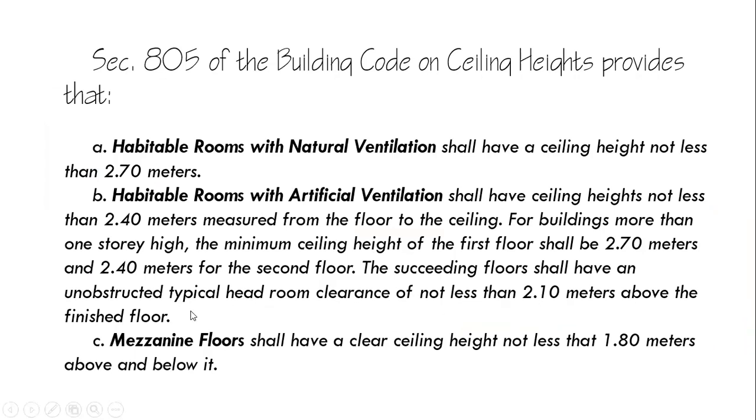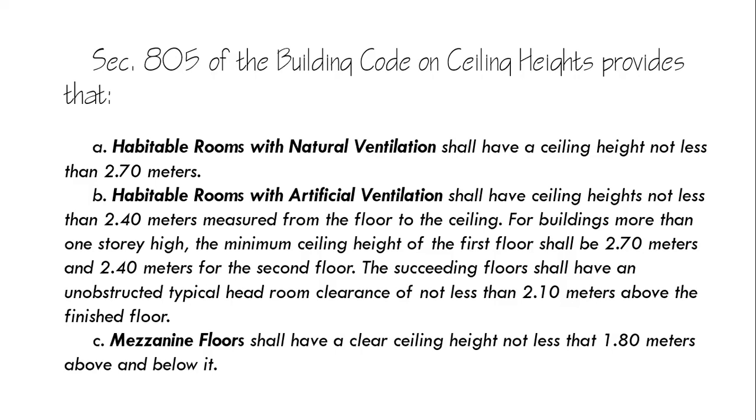For the second floor, 2.4, and for the succeeding floors, 2.1. So, artificial ventilation. Meaning, if it's air-conditioned, if you design it as air-conditioned, the minimum ceiling height is 2.4.